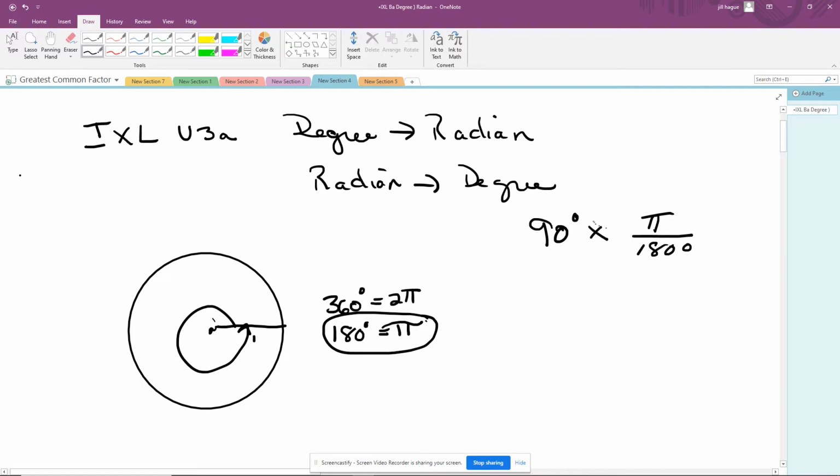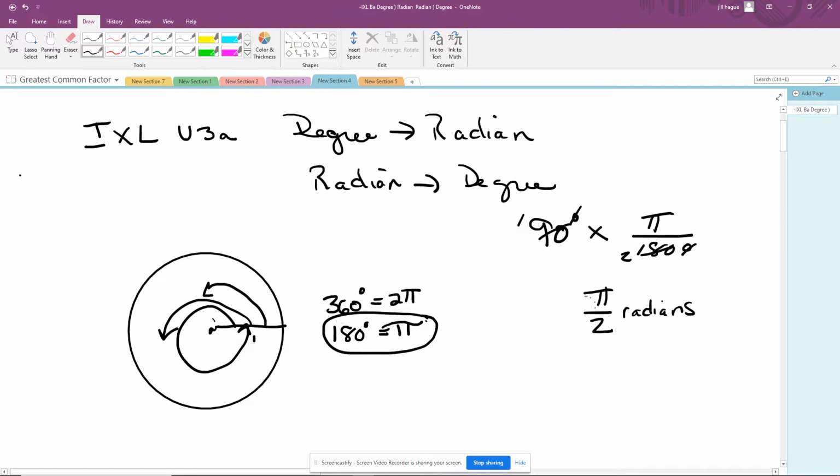The degrees cancel, and you're just left with pi over 2 radians. So 90 degrees equals pi over 2 radians. And that should make some sense to you, because if this is 180 degrees and that's pi distance, then this distance to here would be half of that, and half of pi is just pi over 2.